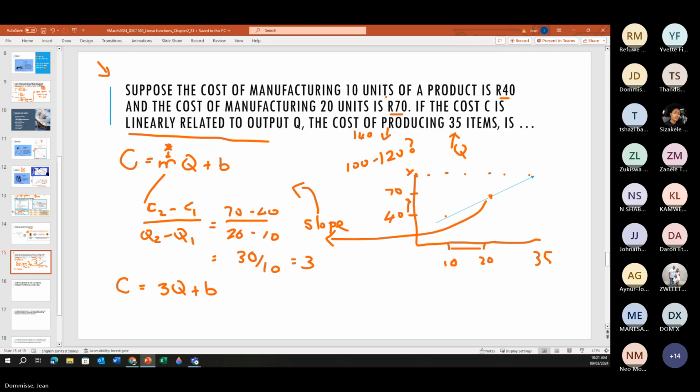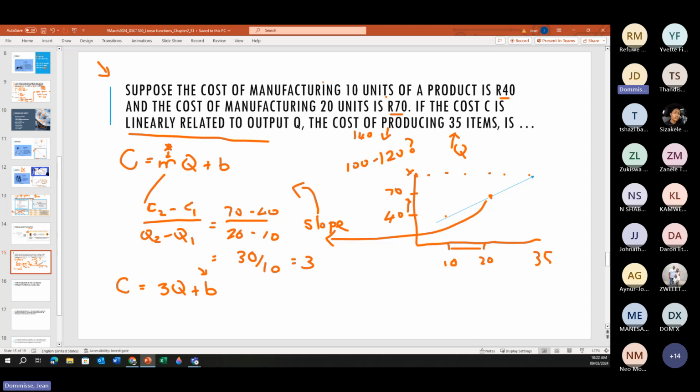Then what one can do is we now need to solve for B. We can do that in 2 ways. We know 2 of the numbers.